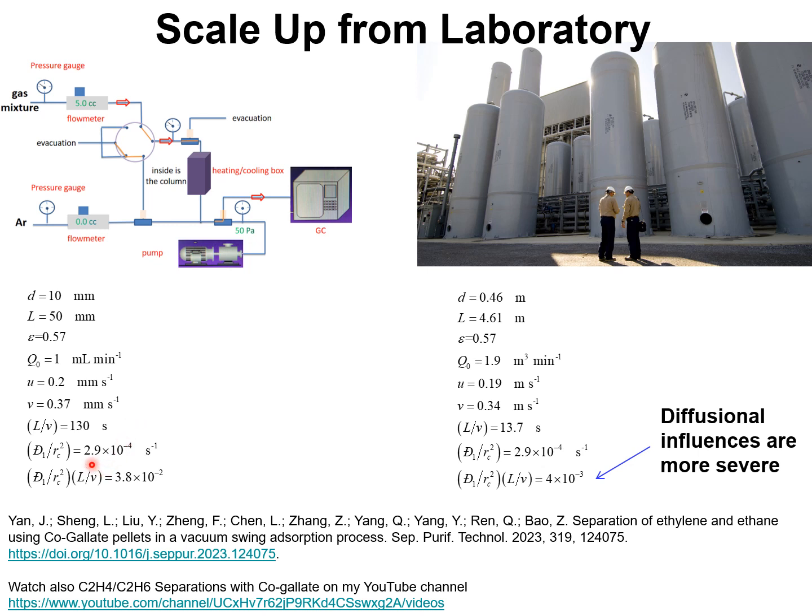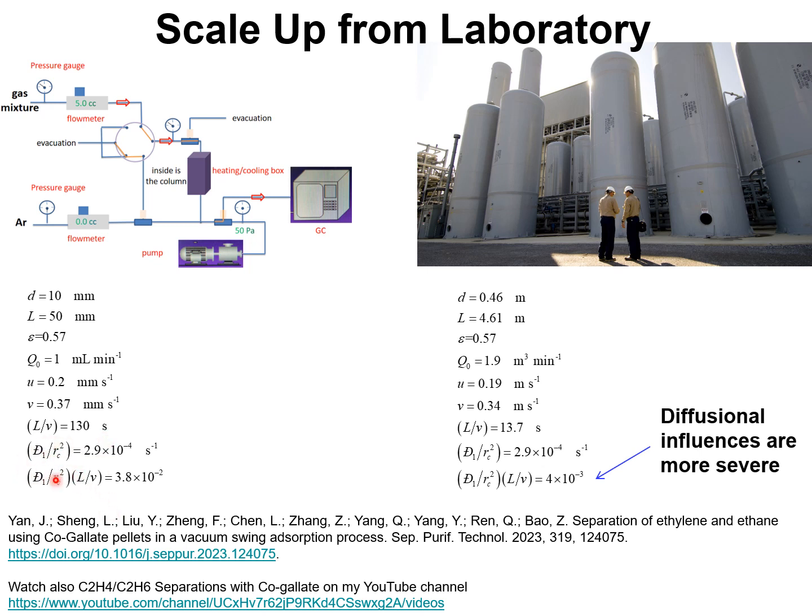And the contact time between the gas mixture and the pellets can be calculated as simply the length of the packed tube divided by the interstitial gas velocity, and that is 130 seconds.